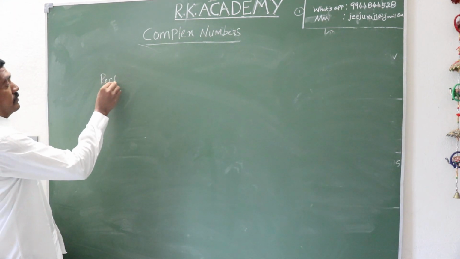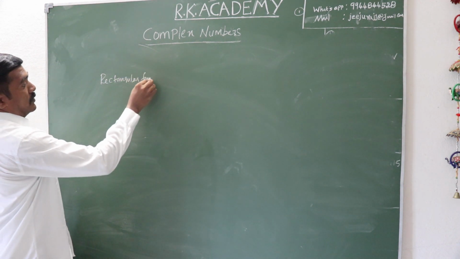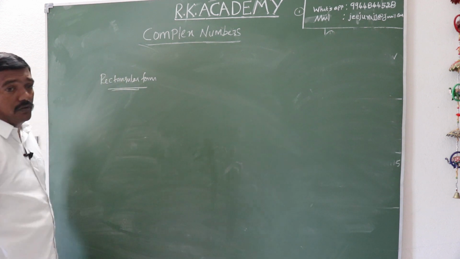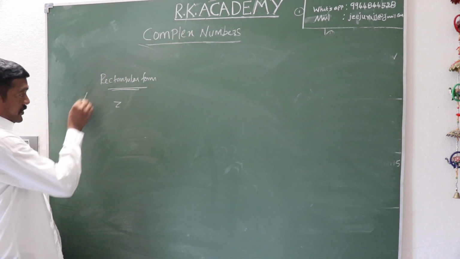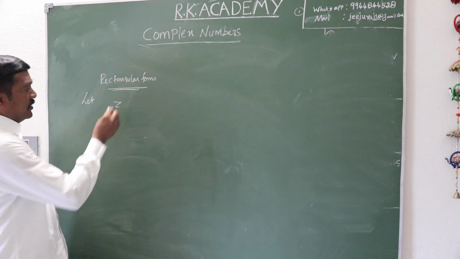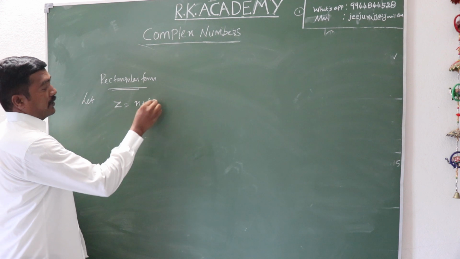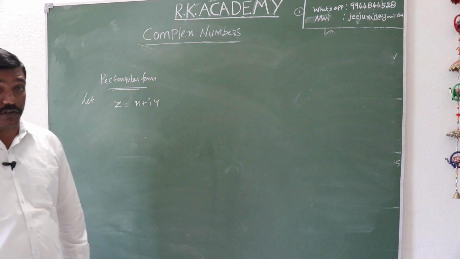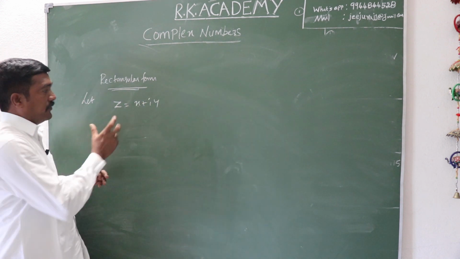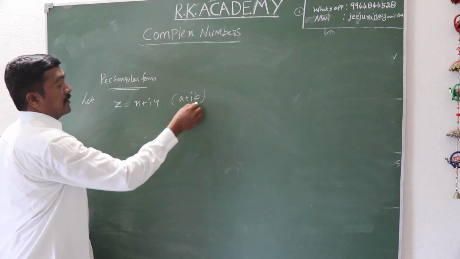Rectangular form. Let me take a complex number z equal to x plus iy. We write it in the form we already know, a plus ib.